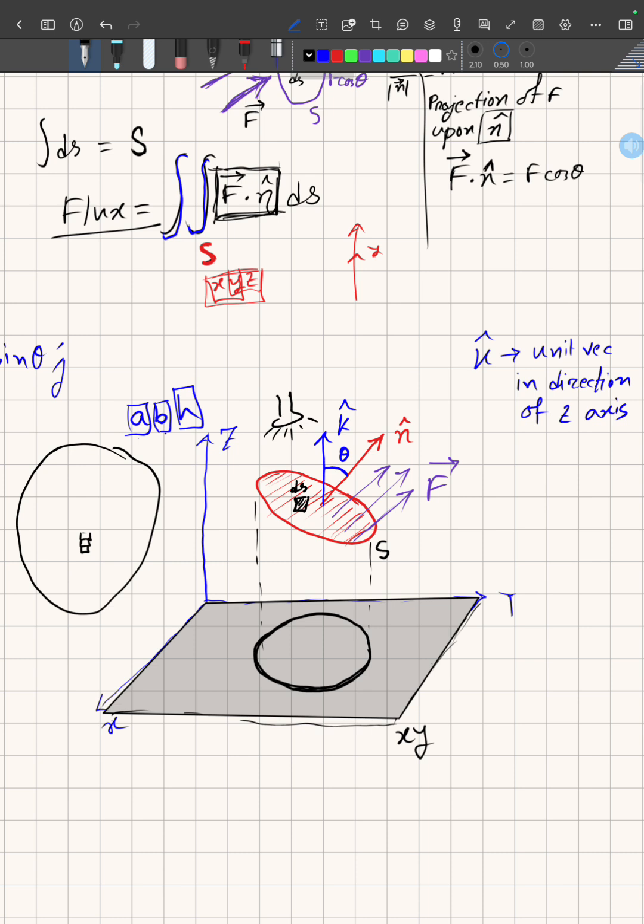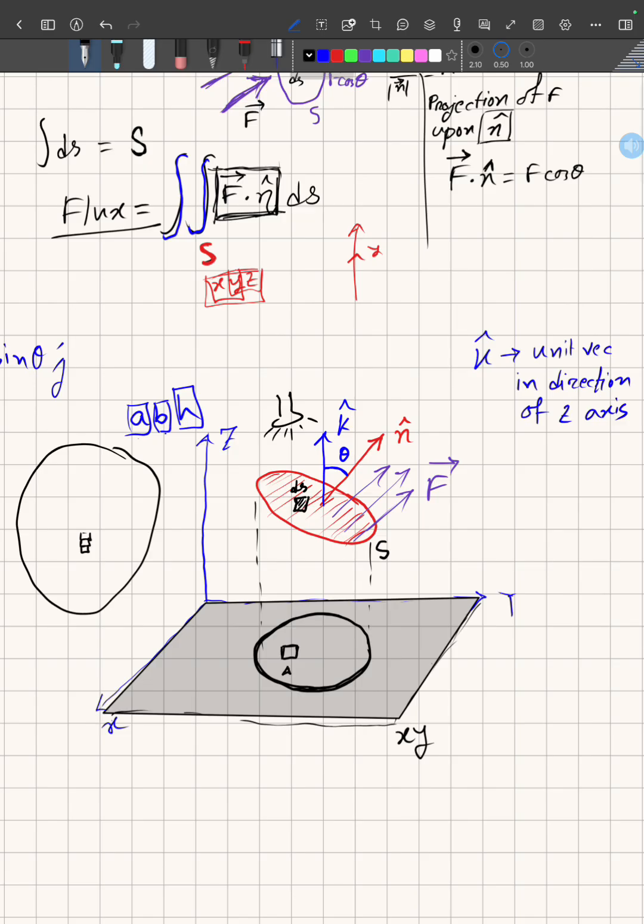So the projection of that ds part will be a square, a parallelogram to be exact, because the projection will distort it to some degree. So let's say a parallelogram, but here for calculations I'm just taking it as a square.